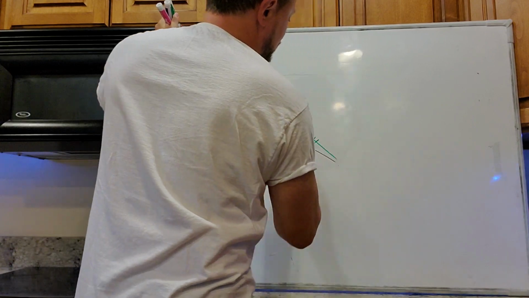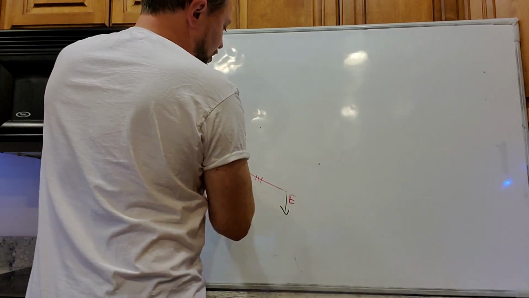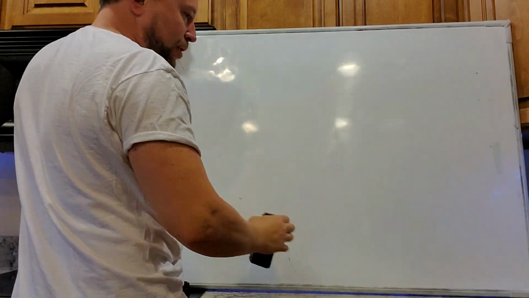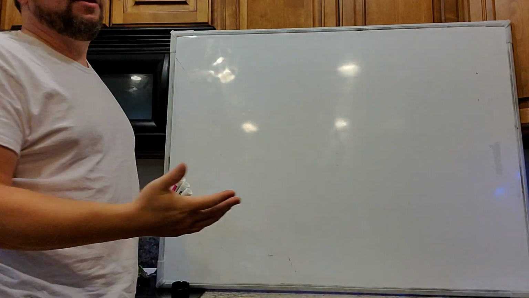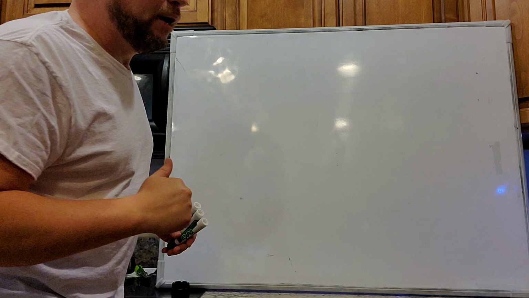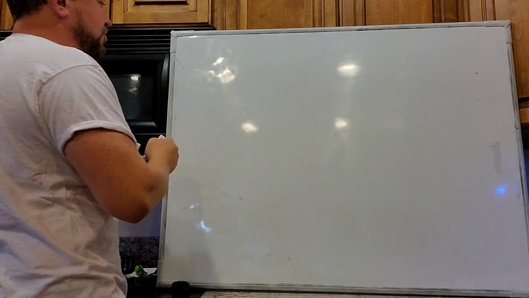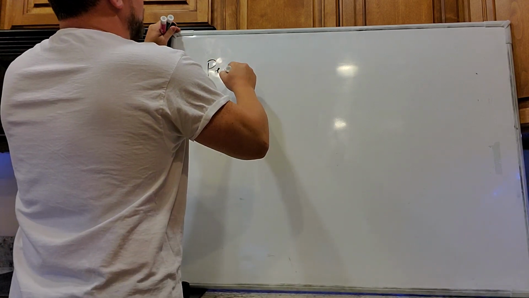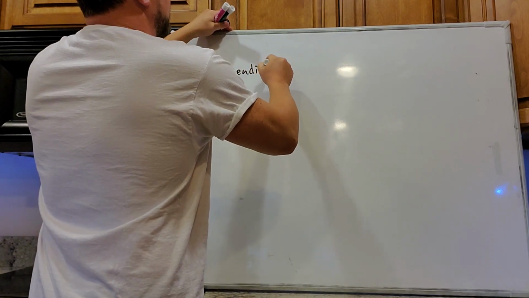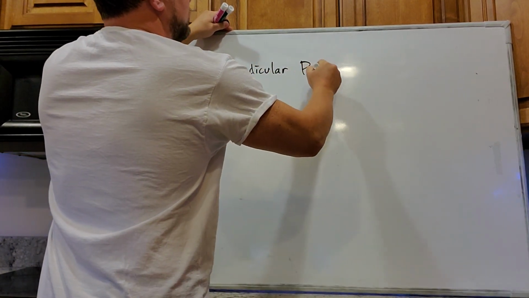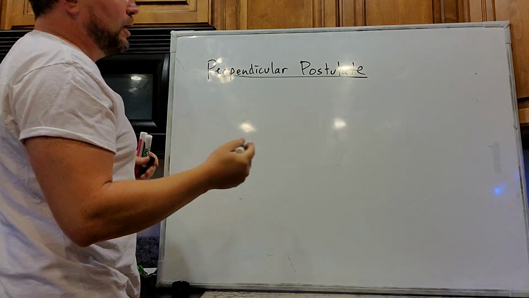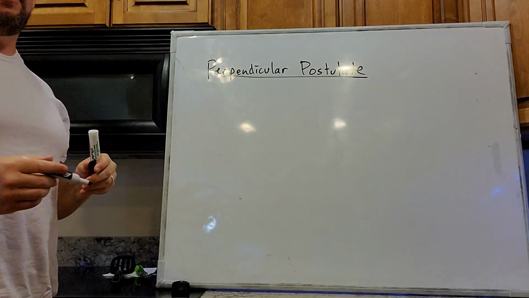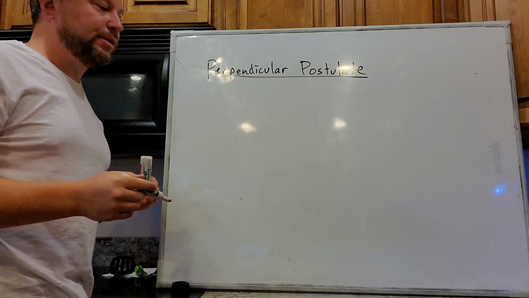Okay, and the last theorem I want to cover is the perpendicular. It's actually not a theorem; it's a postulate, I should say. The perpendicular postulate. It's kind of like the parallel postulate that we covered just recently.